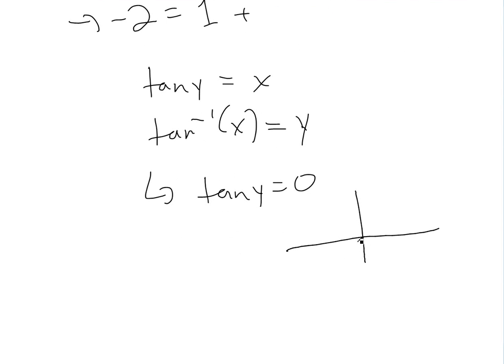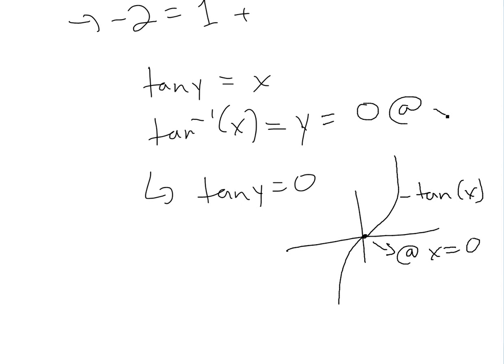When y is equal to 0, this is tan of x, and this is 0 at x equals 0. Since we're solving for whatever the function inside of this one is, we're kind of inversing it here. So this one's just going to be 0 here. So y is equal to 0 at x equals 0, and this point is just the origin.